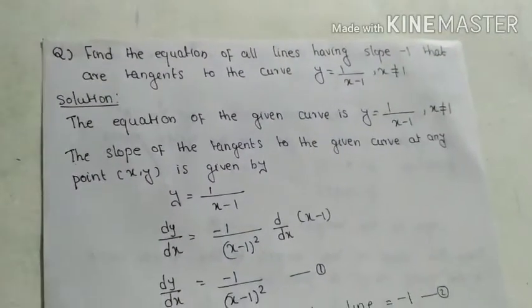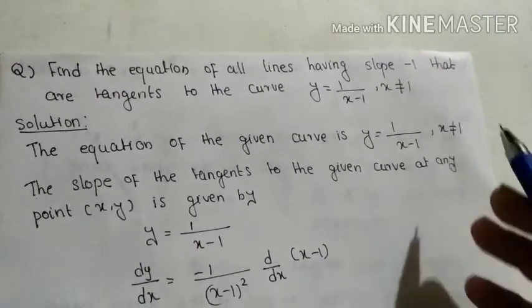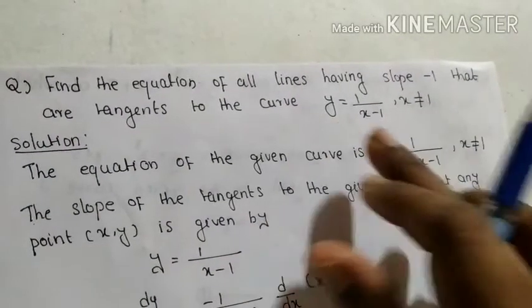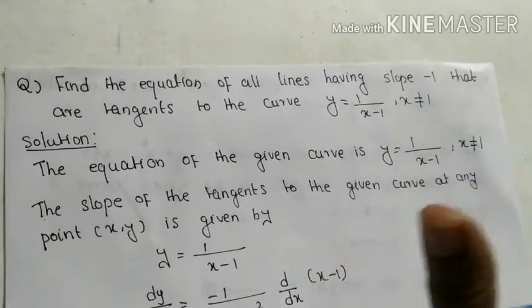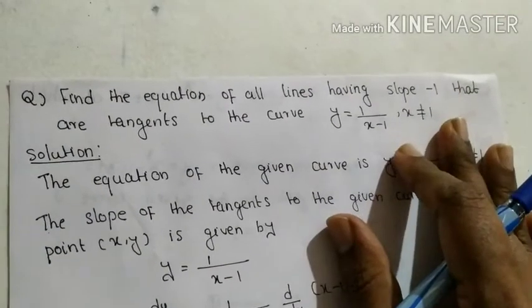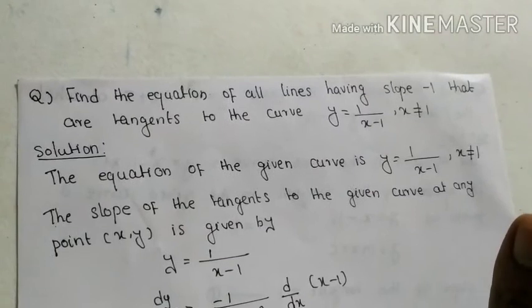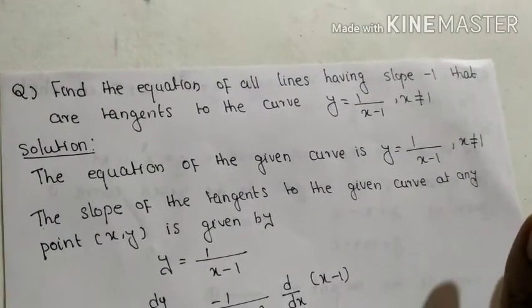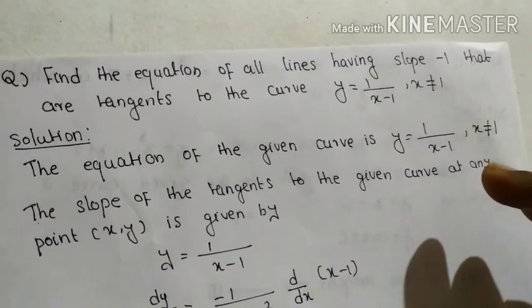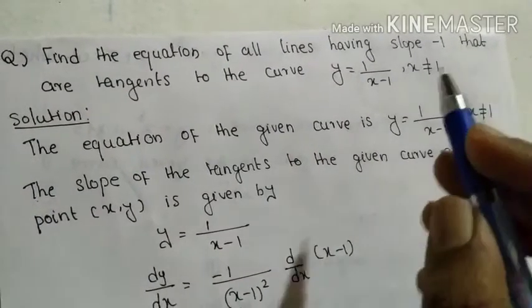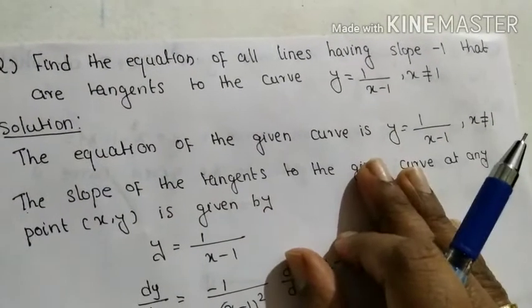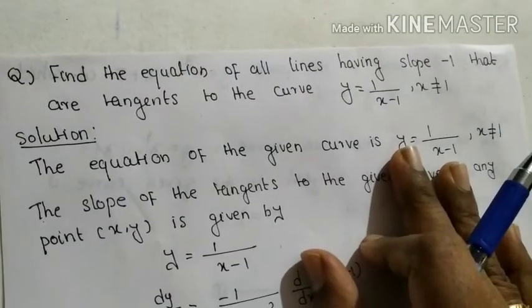Given the curve y equal to 1 divided by x minus 1, the slope of the tangent to the given curve at any point (x, y) can be calculated by differentiating the given curve with respect to x.